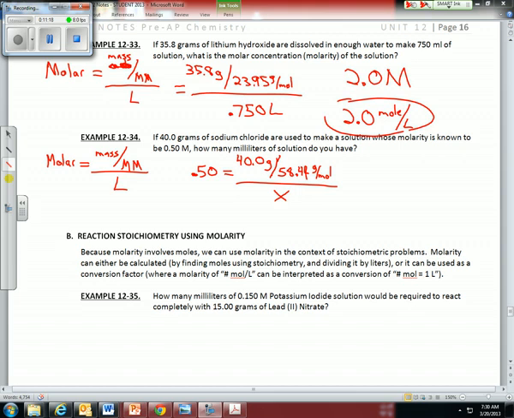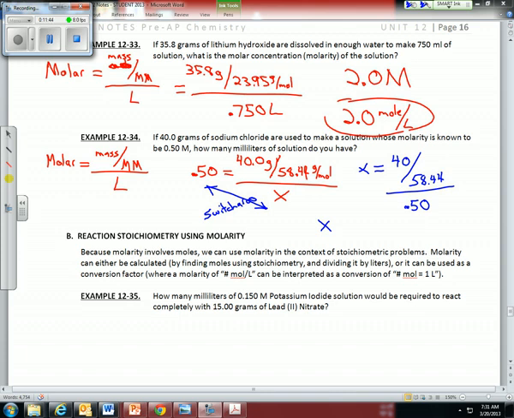So the way I would solve this, of course, is switcheroo, kangaroo, Scooby-Doo. That's how I would solve this. So then X is equal to 40 divided by 58.44, which is divided by 0.50, and I just type it in like that on the calculator.